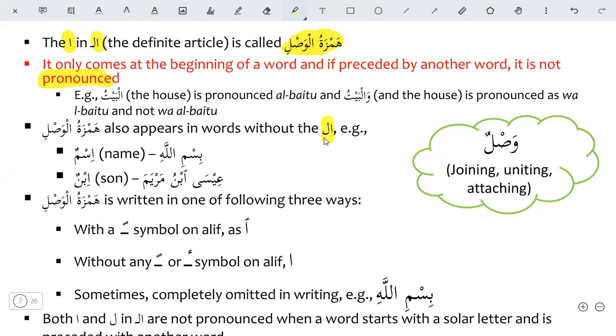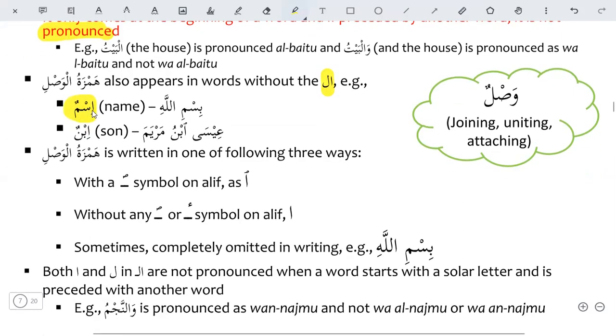Wasl means joining, uniting, attaching. So hamzatul wasl is the joining hamza, uniting hamza, or attaching hamza. How? Ismun. There is no alif lam in ismun.